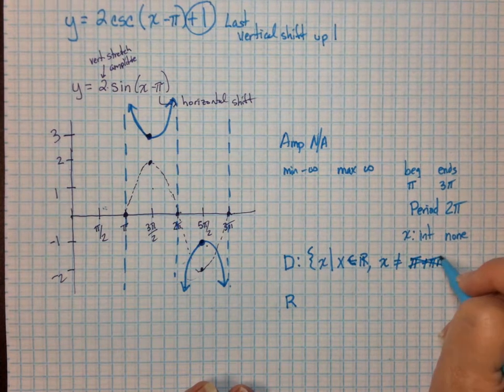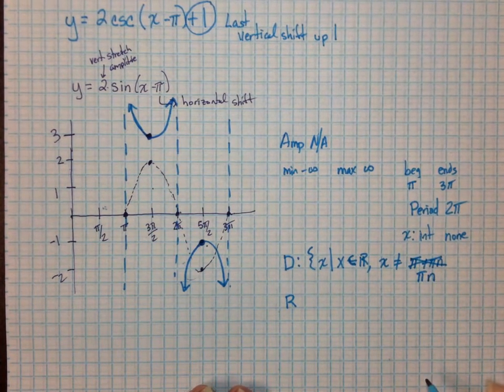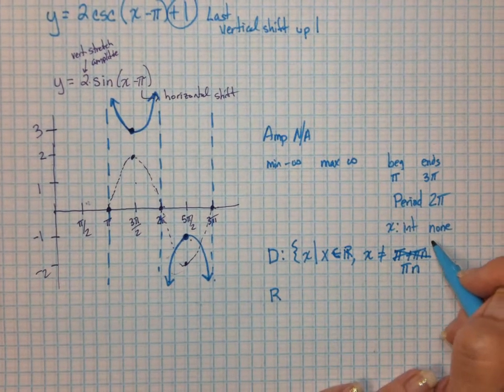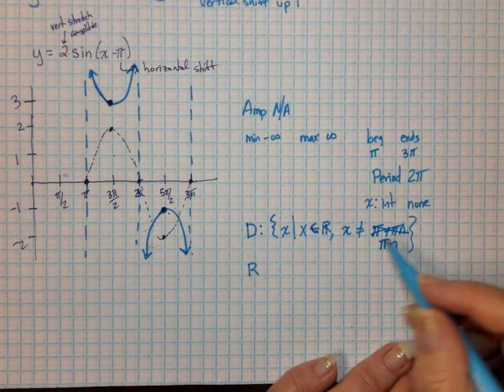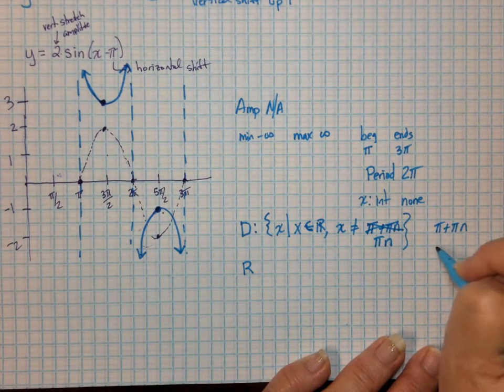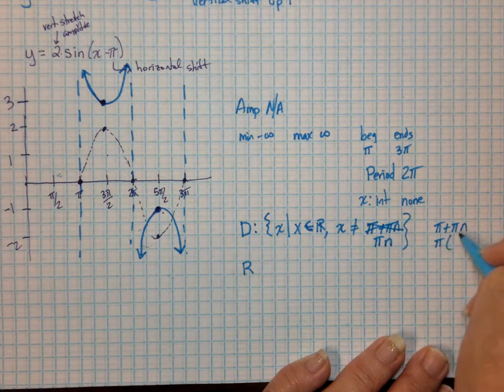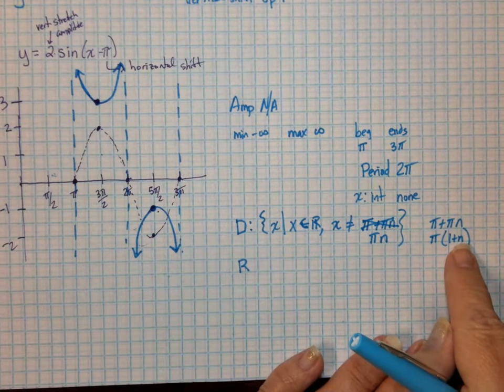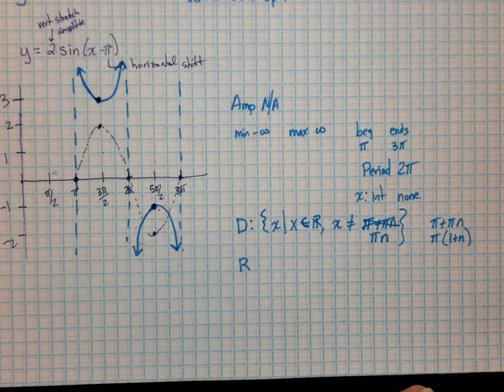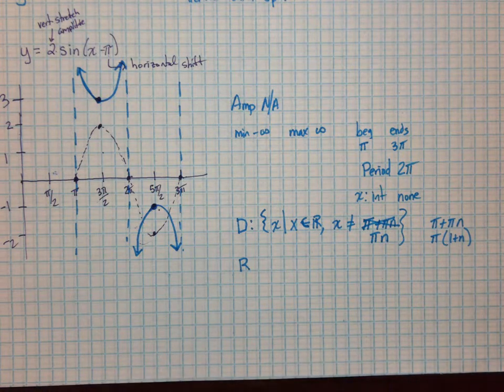Because it's just pi n. Right, so just a little bit of algebra here. Pi plus pi n would be pi times 1 plus n. But remember, n is just an integer. So 1 plus n is just the next integer. So it doesn't matter.